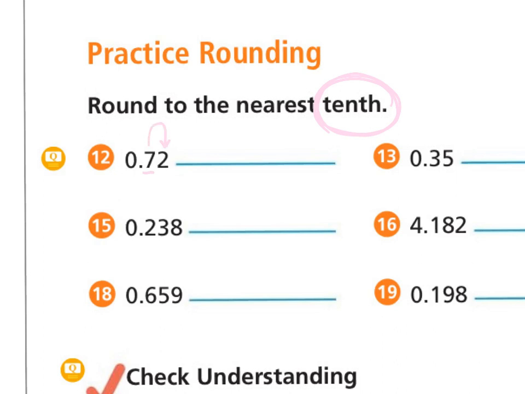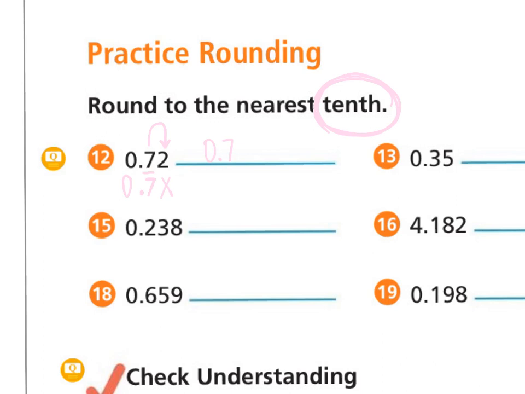If it's 5 or greater, add 1 more. 2 is less than 5, so the 7 lets it rest. If it's helpful for you, write your number right below the number here. That way, it's very easy for you to keep everything on the left the same and eliminate everything on the right. 0 and 7/10 is my answer.